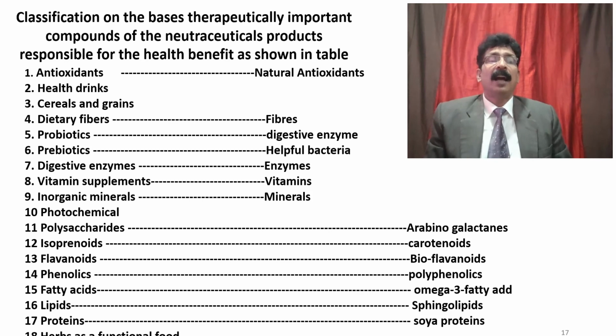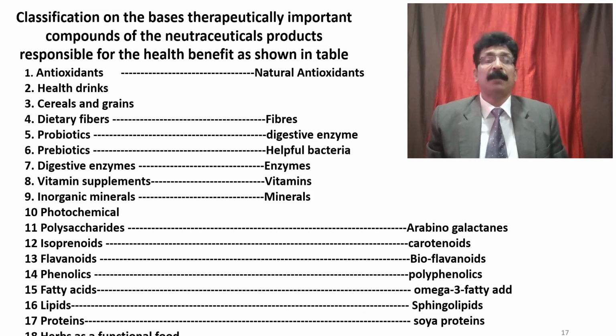It has antioxidants, for example natural antioxidants and health drinks, cereals, dietary fibers, probiotics, digestive enzymes, prebiotics, helpful bacteria, examples can be written by you, and various digestive enzymes, and vitamins, which can be supplements.